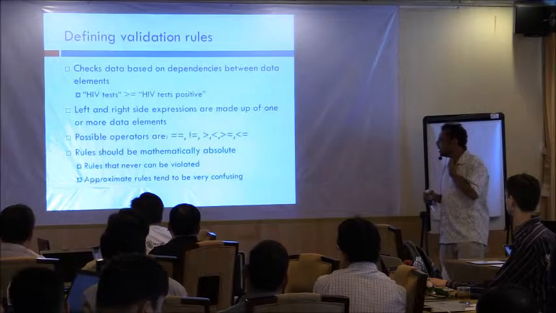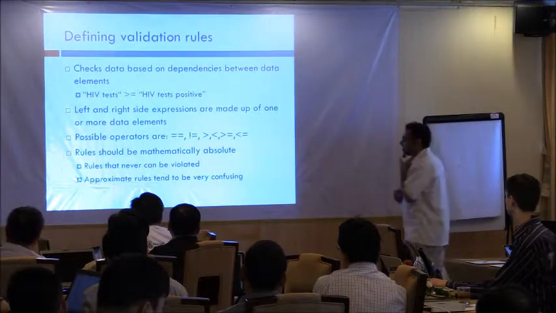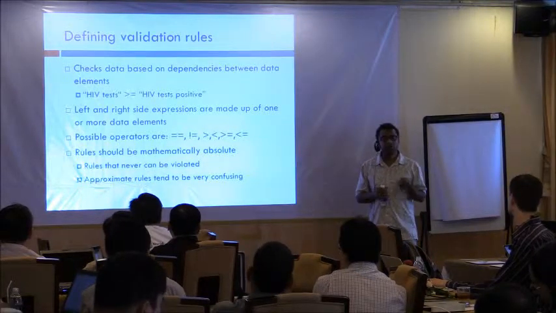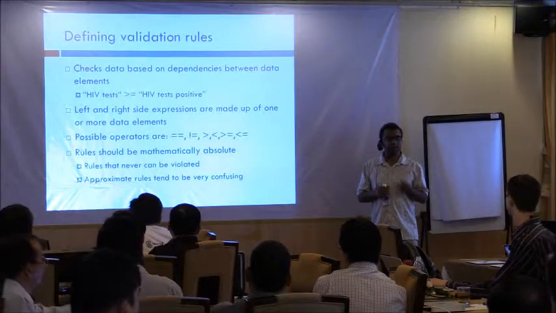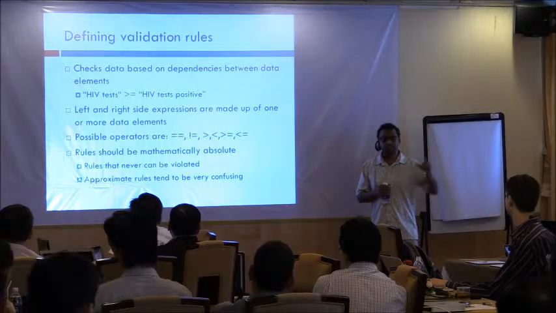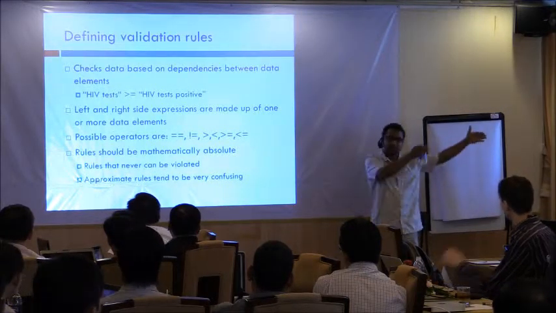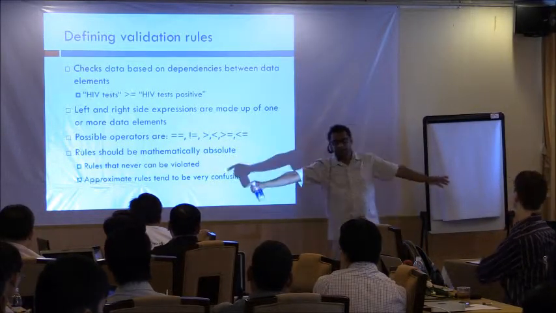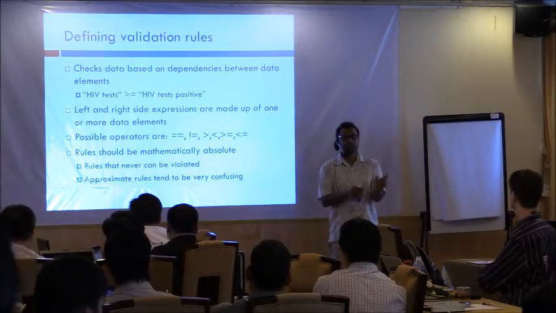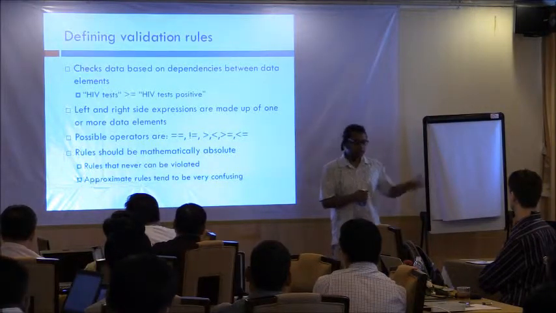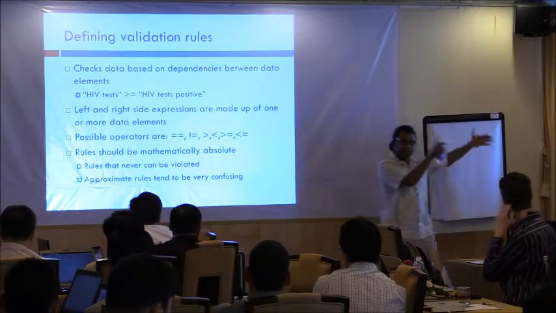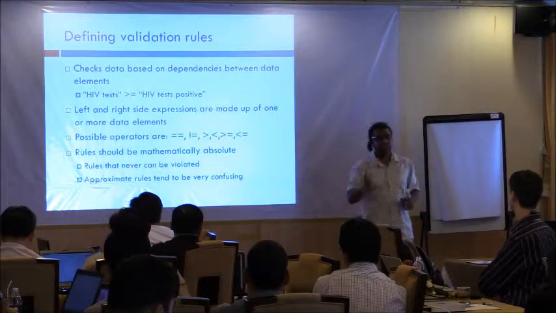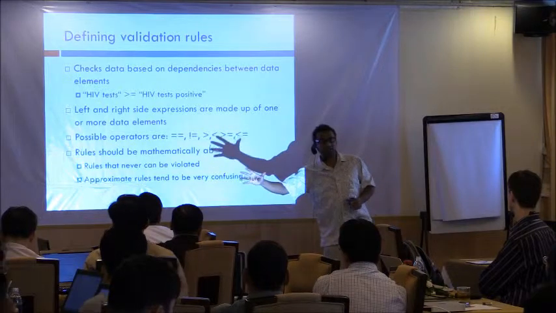Next. In DHIS, there is something called validation rules. More validation rules is better. Okay? So a validation rule has a left side, a right side, and an operator. For example, total delivery should be greater than or equal to live birth.